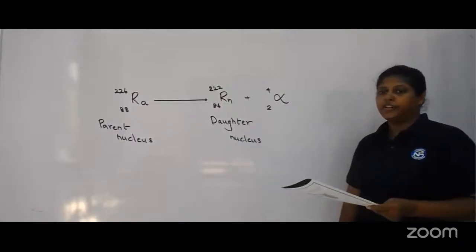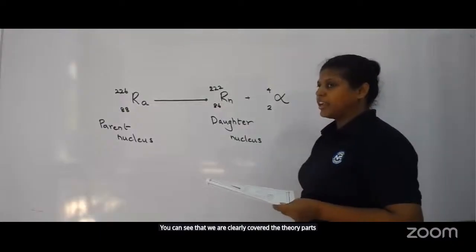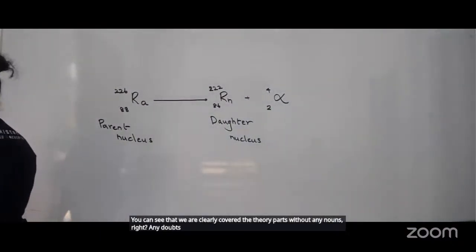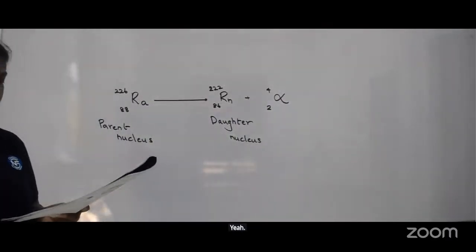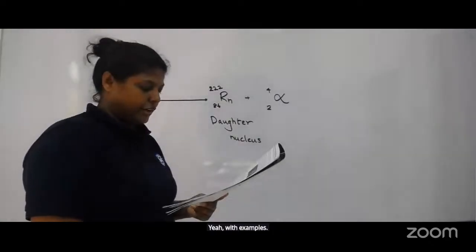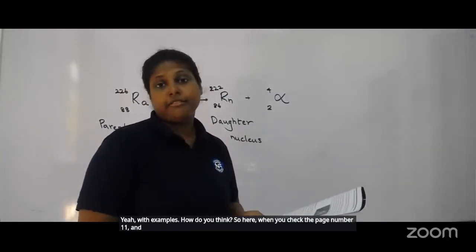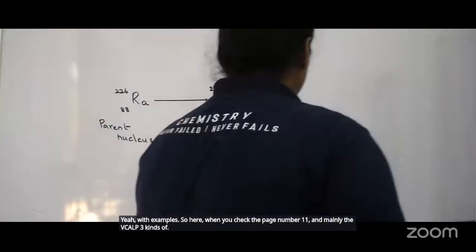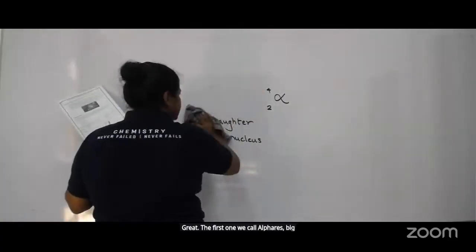You can see that we have speedily covered the theory parts without any doubts, right? Any doubts? I explain each and every point here with examples. So on page number 11, mainly we have three kinds of rays: alpha rays, beta rays, and gamma rays.